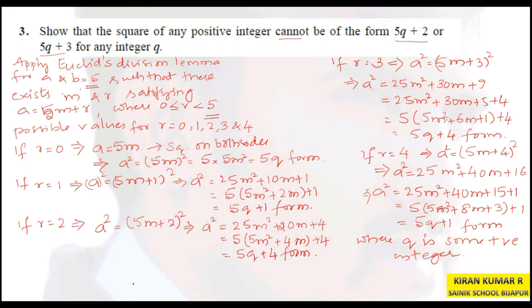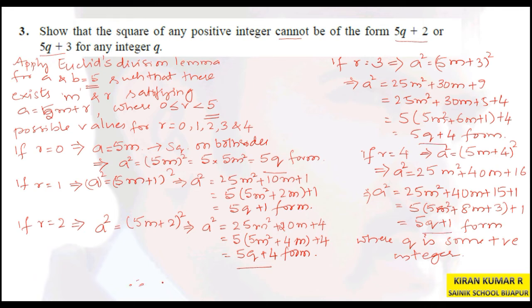Observe in this question, we have to show that it cannot be of the form 5q plus 2 or 5q plus 3. Observe the forms obtained here. They are 5q, 5q plus 4, 5q plus 4 and 5q plus 1.